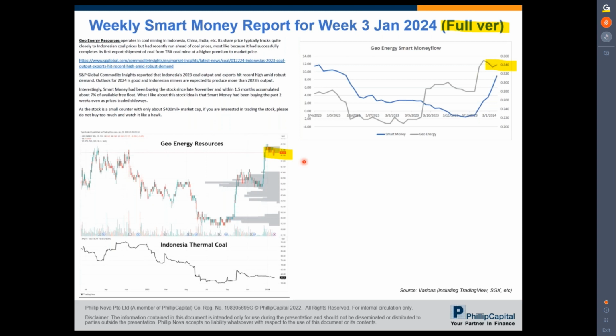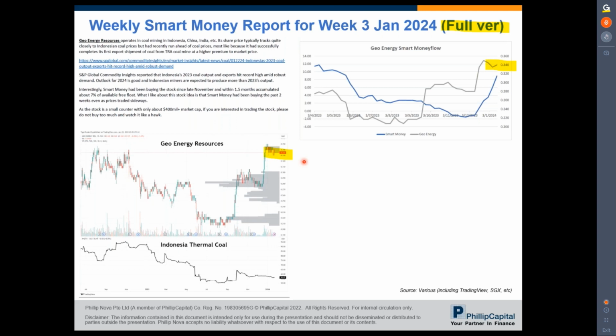Okay, so of course you can check the share price now. The price of this Geo Energy had since moved from about 33, 34 cents to a recent high of 43, 44 cents. Of course, it has since pulled back a little bit, back towards 40 cents or slightly lower.